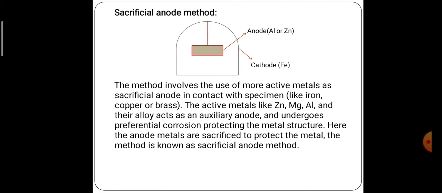That more active anode material is attached to the iron metal. Once it is attached, the anode undergoes corrosion and it protects the cathode material. The anode itself sacrifices, then it protects the cathode material. That is why it is called the sacrificial anode method.